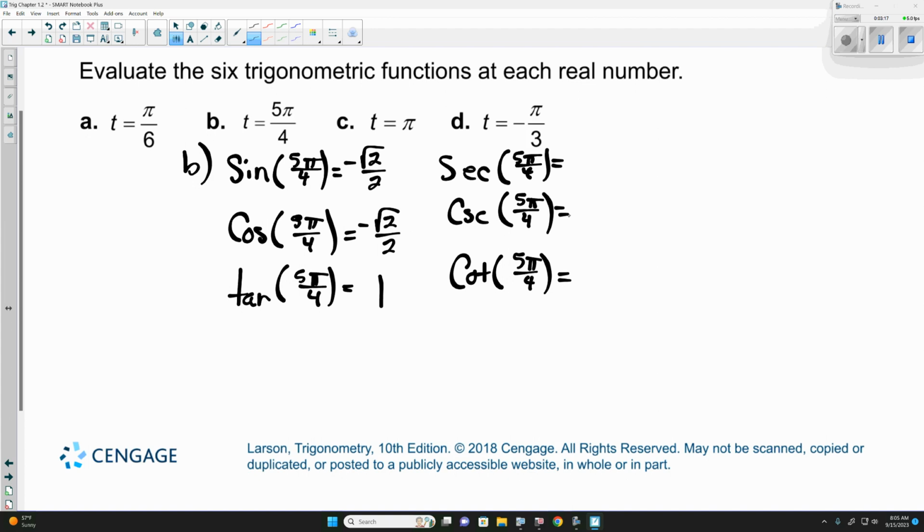Now, of all of these here, cotangent is going to be the easiest one to calculate. That's going to be what? Because it's just 1 over tangent, yes? Well, tangent's value is 1, so 1 over 1 is 1.